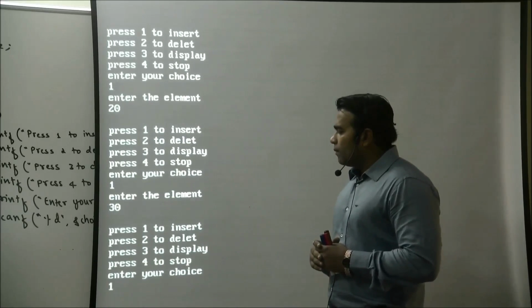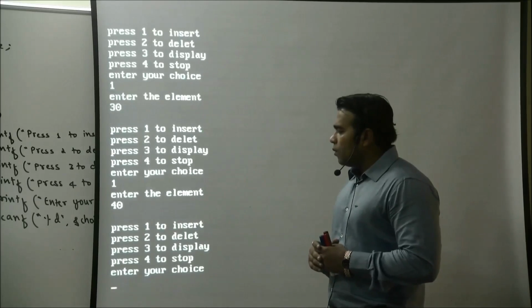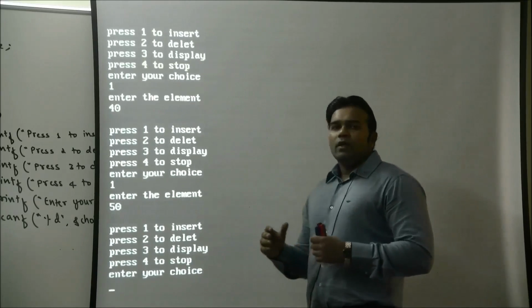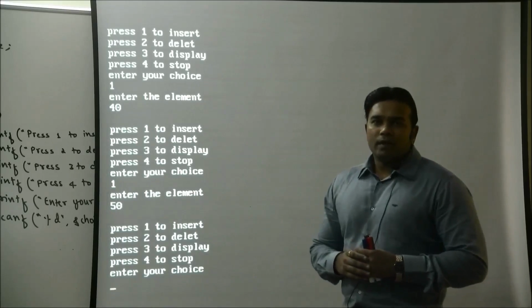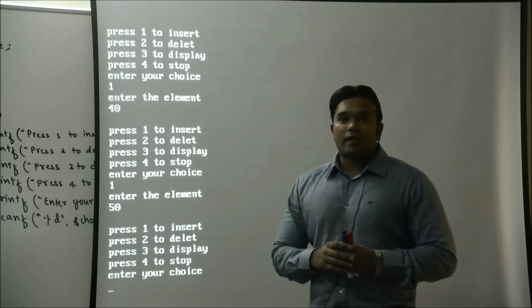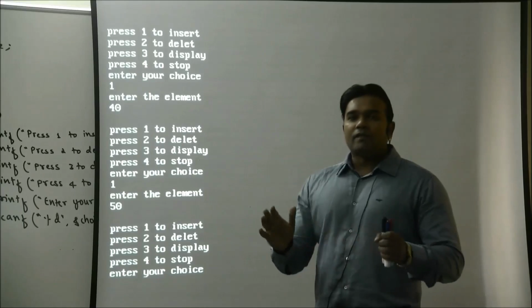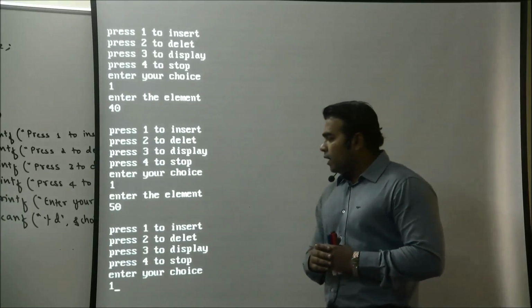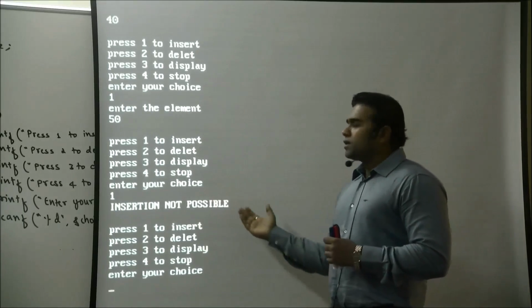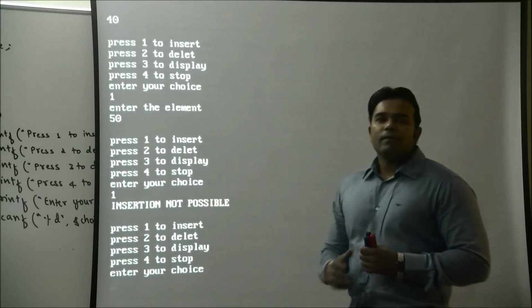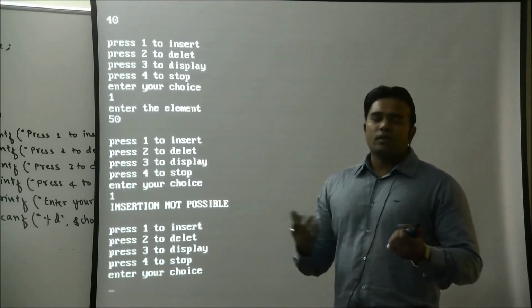Again 1, 40. Again 1, 50. You know the size is 5, so only 5 locations are there. Everything is filled. Again if I choose 1, I will get insertion not possible. Correct, no space, so insertion not possible.